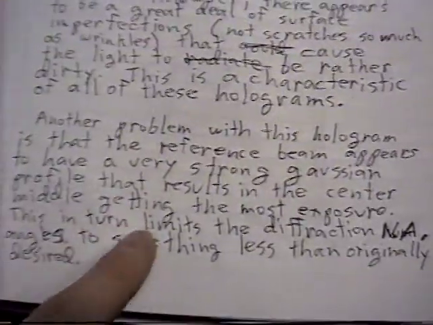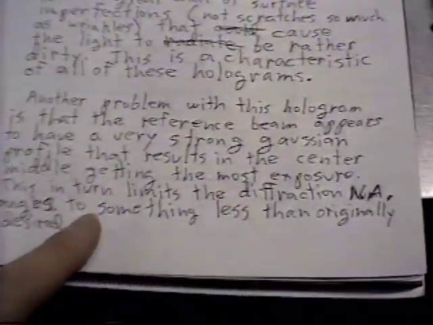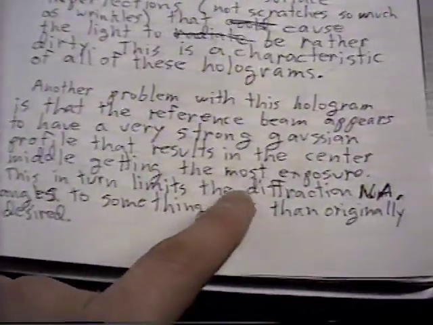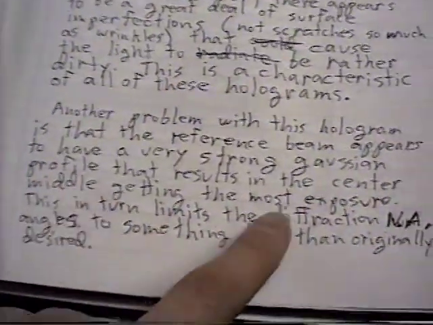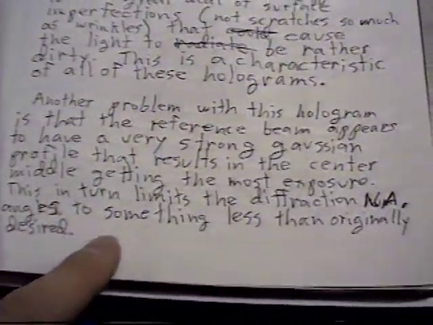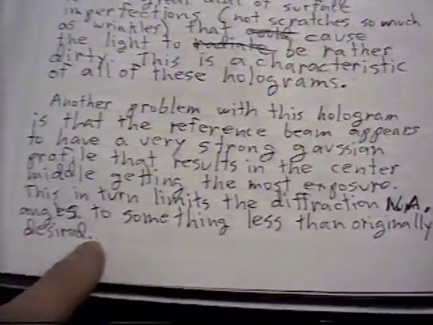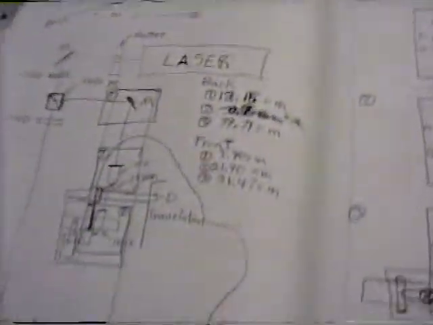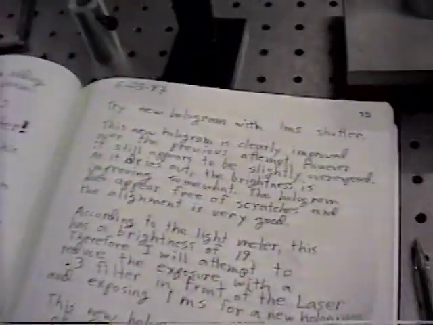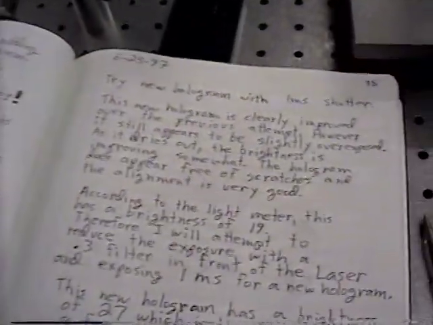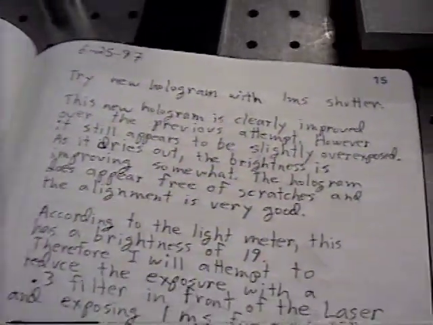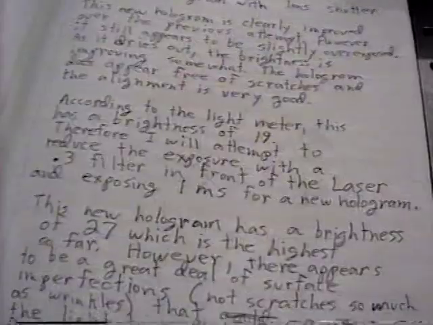The other problem is that the center of the reference beam is much brighter than the edges, and the consequence of this is that the angle of divergence is less than originally desired in this new hologram. So eventually I'll rebuild this, but for now I keep it, and we move on to solving other problems that we've already discussed with the system.